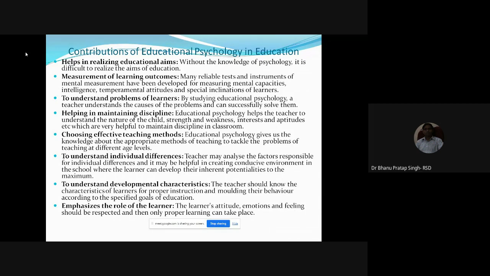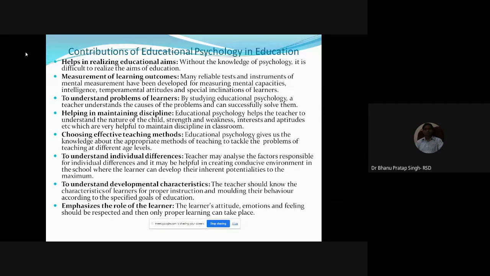It also helps to understand the problems of the learner. If as a teacher I am aware of the problems of the learner, then problems can be successfully solved by the teacher if he or she is studying educational psychology.